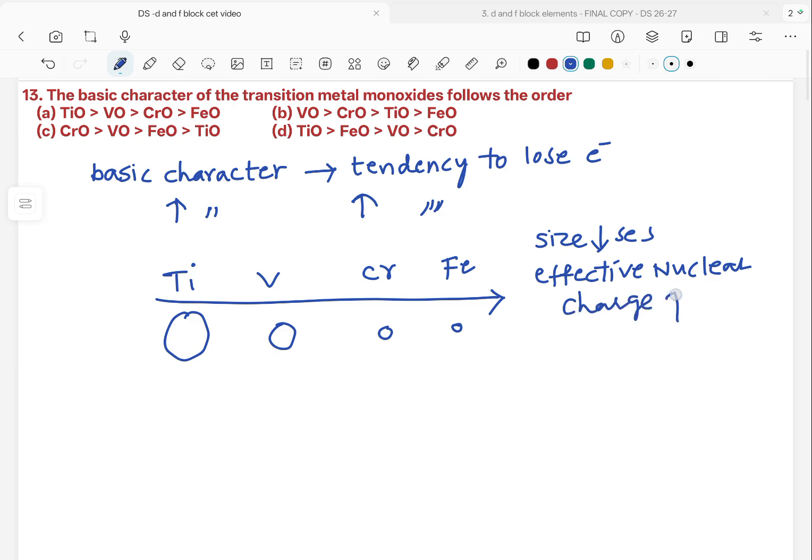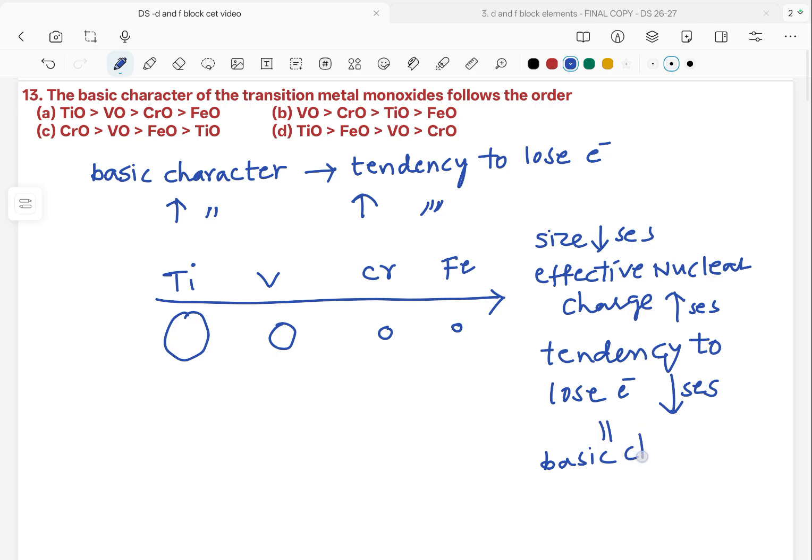If nuclear charge increases, the tendency to lose electron decreases, meaning therefore basic character also decreases.